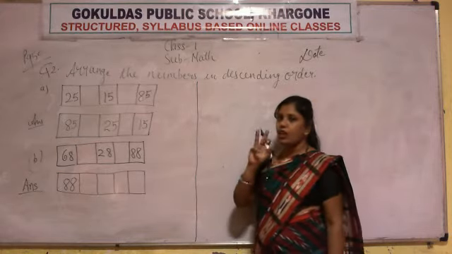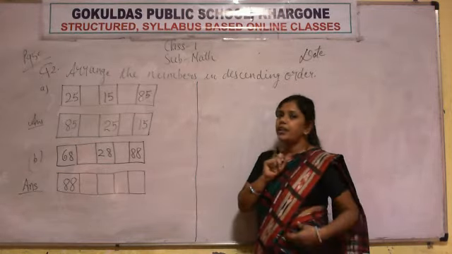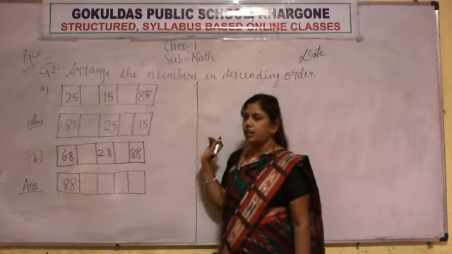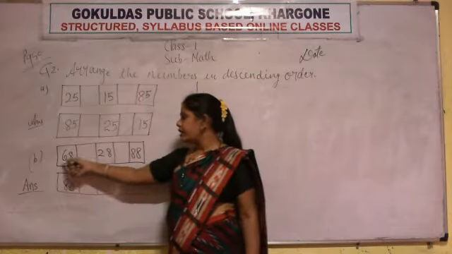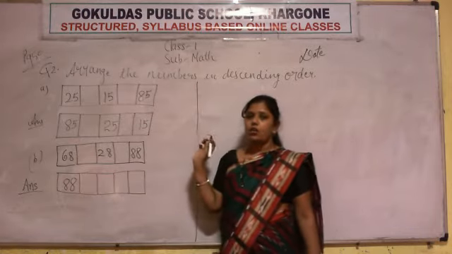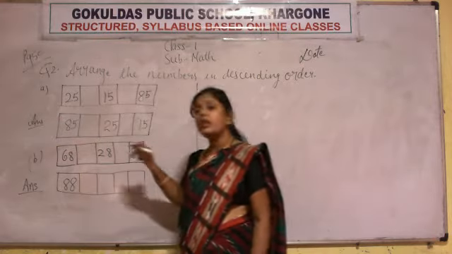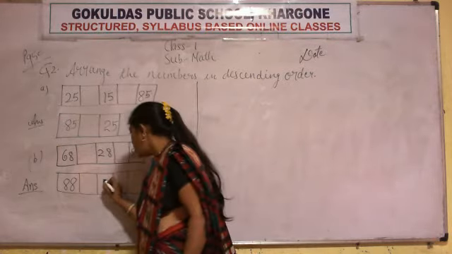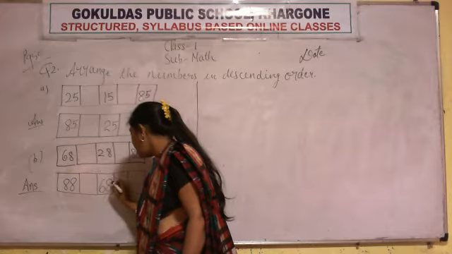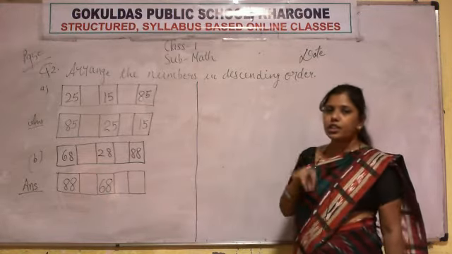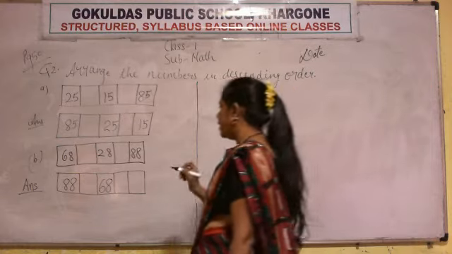Now two numbers remain, and the two numbers that remain are 68 and 28. The bigger number between these two numbers is 68. So in the second box write 68, and the smallest number is 28.